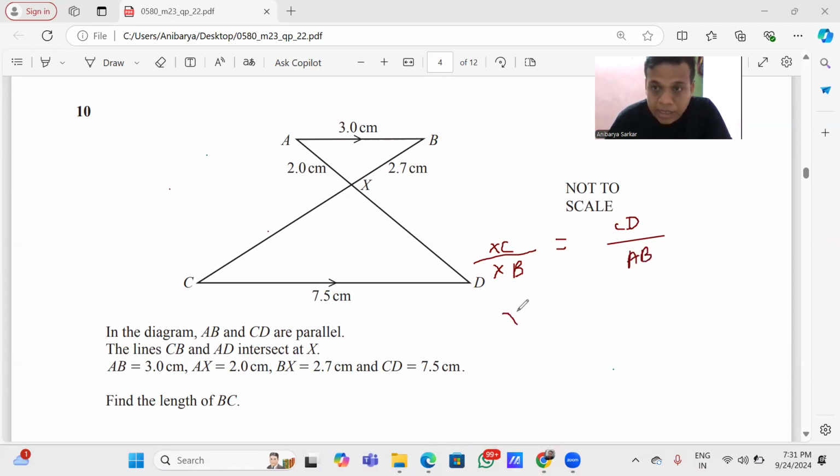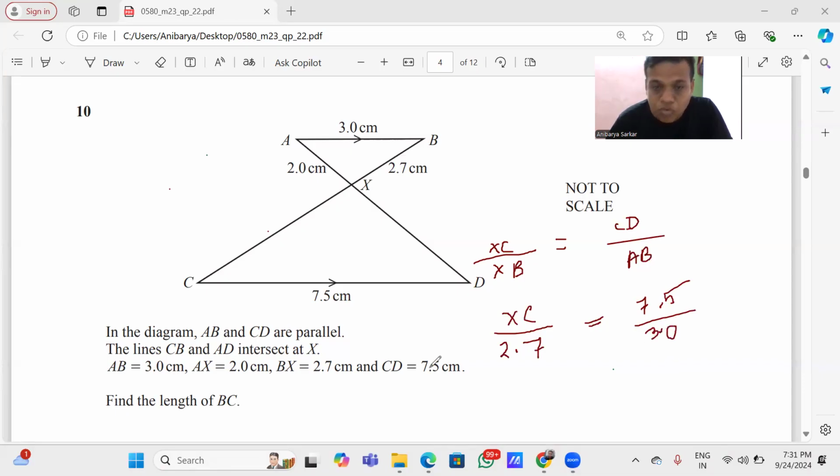Now this is XC, and this is the value of XB, that is 2.7, equals the value of CD, that is 7.5, divided by the value of AB, that is 3.0. Now cross multiply.